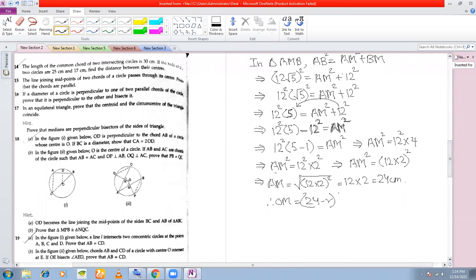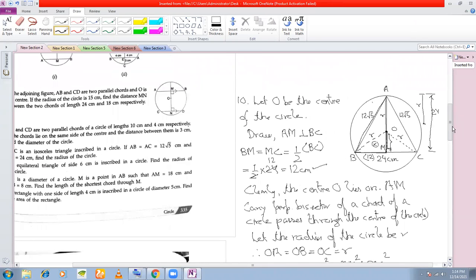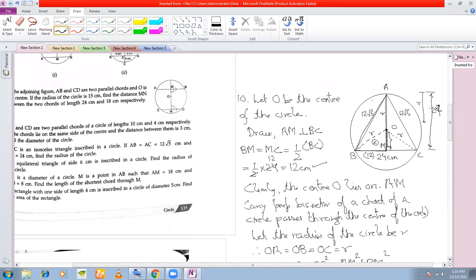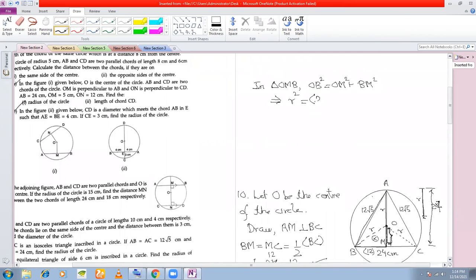How much was OM? 24 minus R. This length, 24 minus this radius is this length, OM. 24 minus R square. And how much is BM? BM is 12 square. Now we simply need to solve this equation and get the value of R.